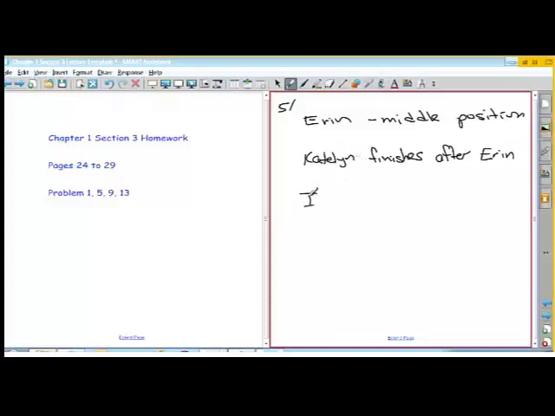And Ileana finishes 28th. How many schools took part in the race?